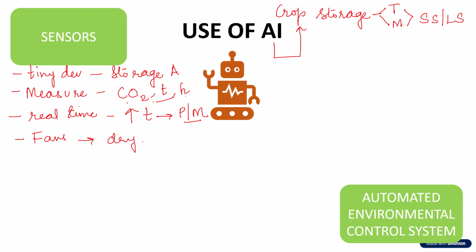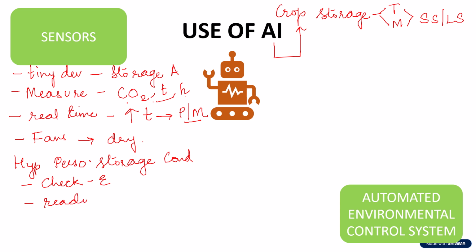So be ready for hyper personalized storage conditions, where it is not only checking the environment but also reading the freshness, the health and ripeness of each individual batch of crop.